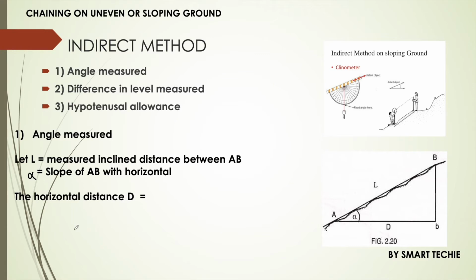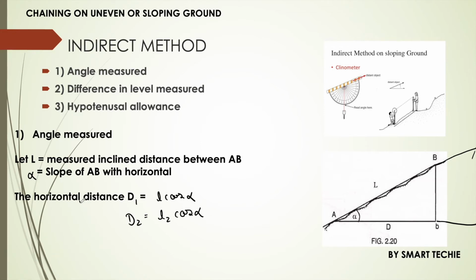So when we have to find the horizontal distance, the horizontal distance is nothing but L cos alpha. If you have another stretch which has to be measured, we can say this is D1, and the next stretch we can say is D2, that is L2 cos alpha.